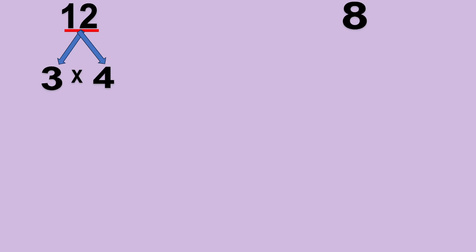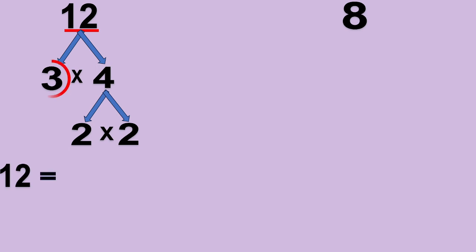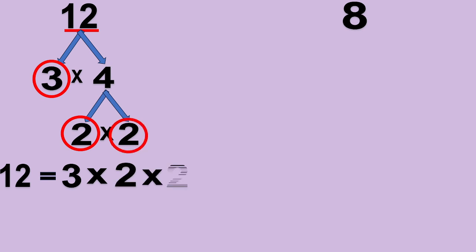So we have to split it down. The factors of 4 are 2 and 2. Now, list the prime factors of 12. We have 3, 2 and 2.